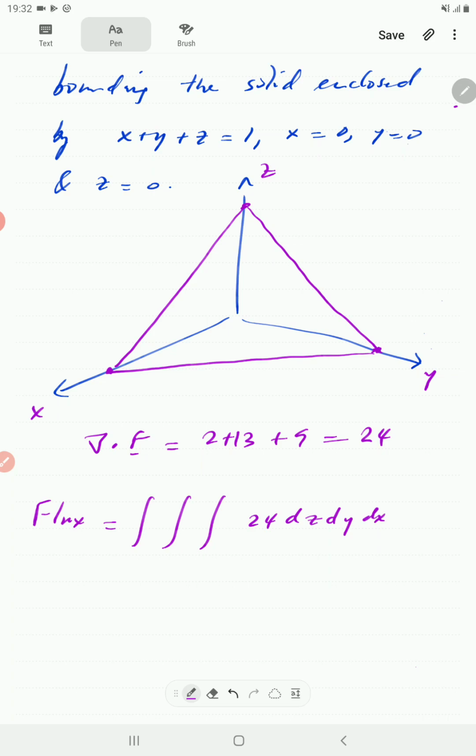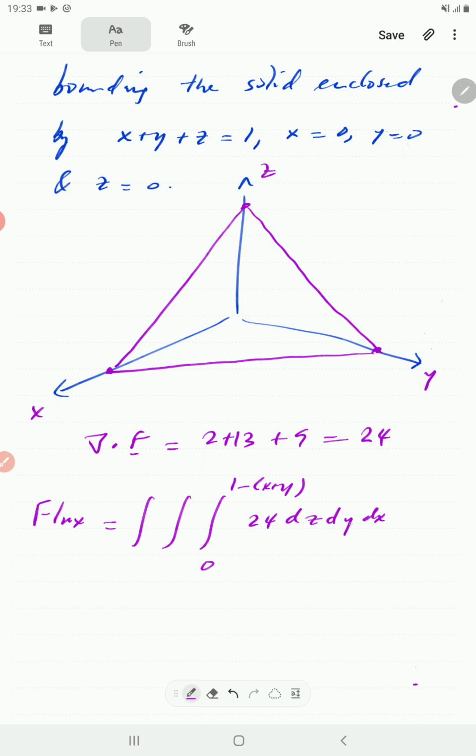You can choose any iteration of your preference. So in what we're doing, first we're integrating from z equals 0, which is the xy plane, to this plane, z equals 1 minus x minus y, which is basically this plane.